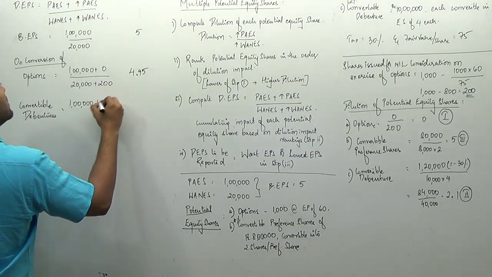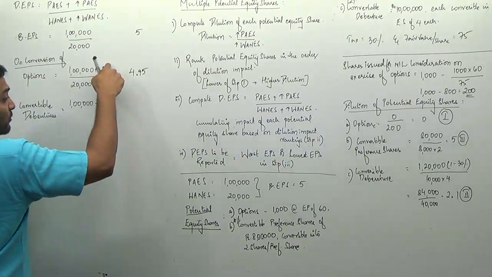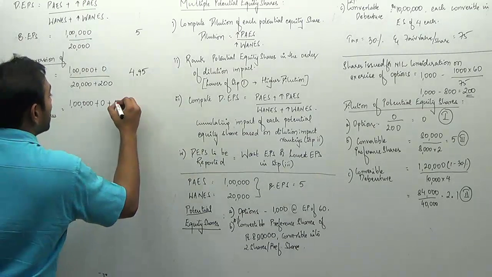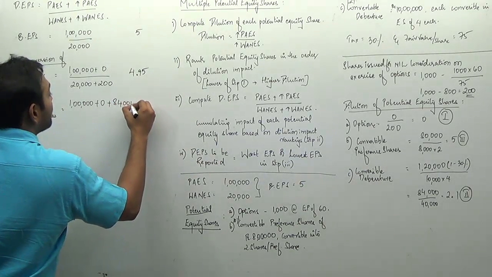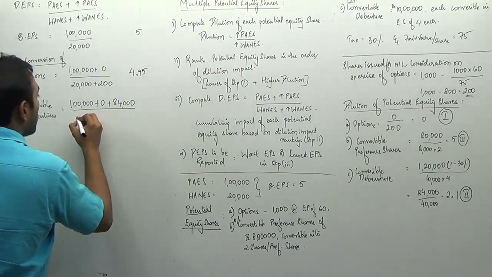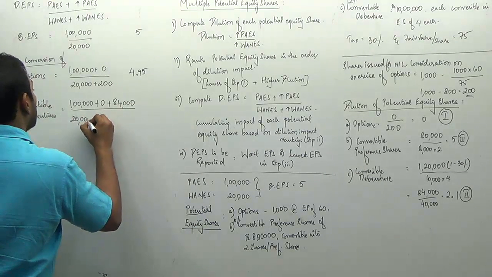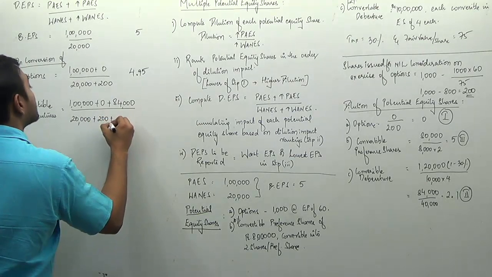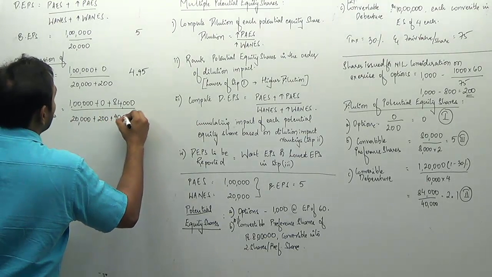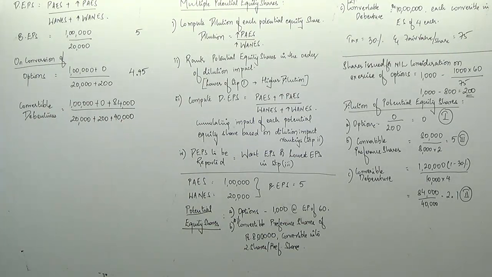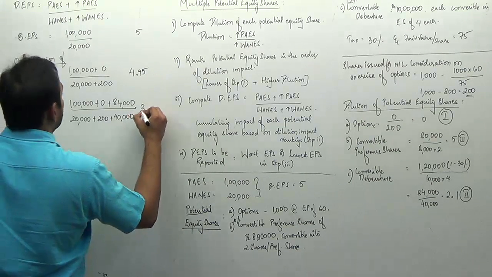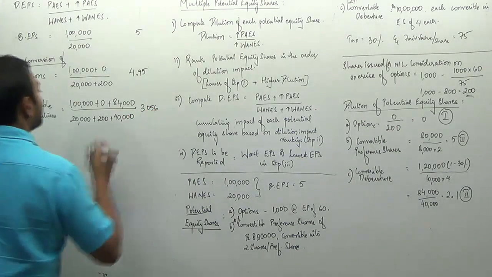So 1 lakh plus 0, which is for options, plus the numerator for convertible debentures, 84,000, divided by 20,000 already WANES, plus increase in WANES for options 200, plus increase in WANES for debentures 40,000. So 1,84,000 divided by 60,200, and this will give me an answer of 3.056.